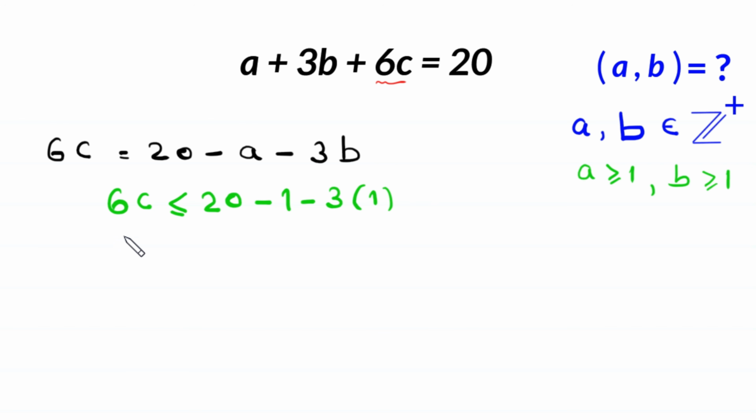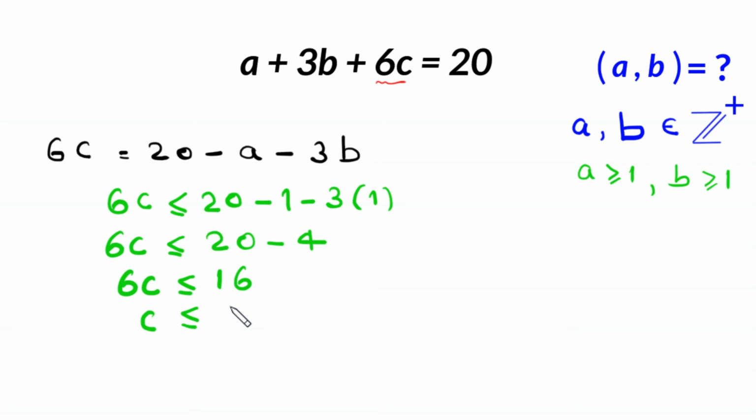Further simplifying, this will become 6 times c is less than or equal to 20 minus 4, and this becomes 6 times c is less than or equal to 16, and this implies that c is less than or equal to 16 divided by 6.